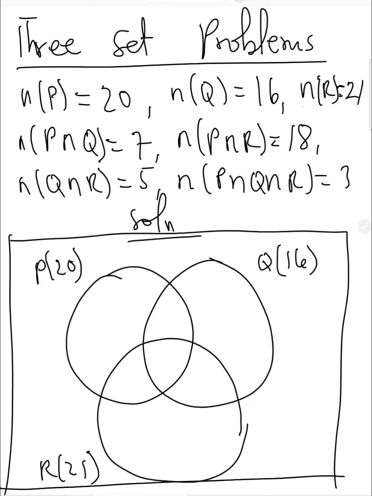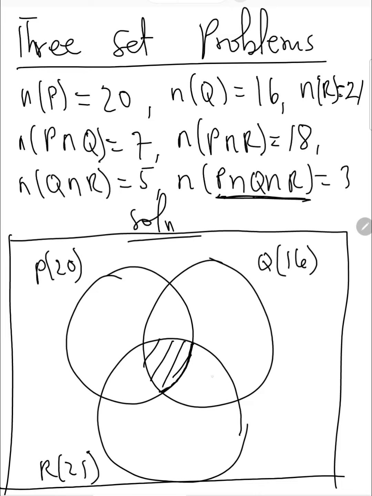Now, the number of P intersection Q intersection R will be this shaded portion, and I hope you understand it, because within this shaded portion we can see that we have part of the circle P, which is this.